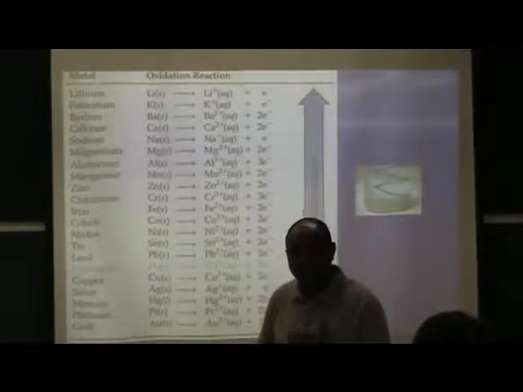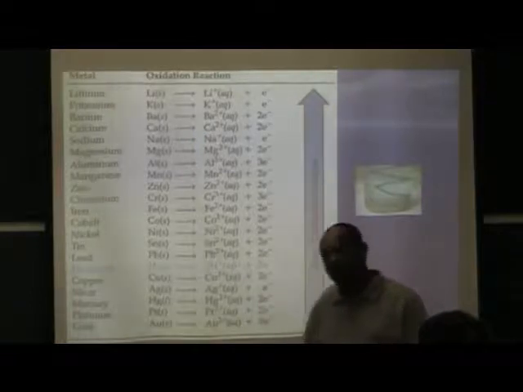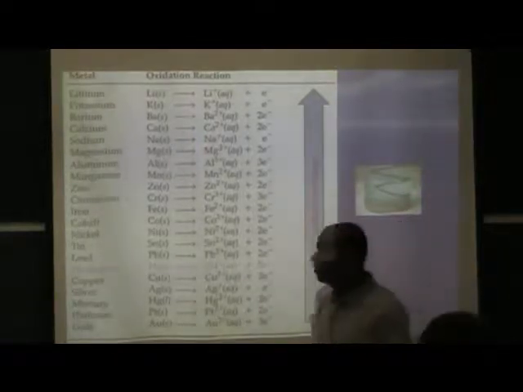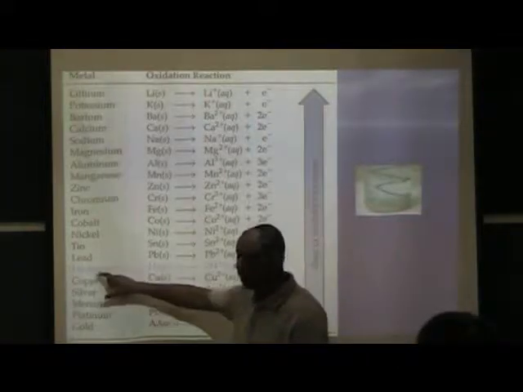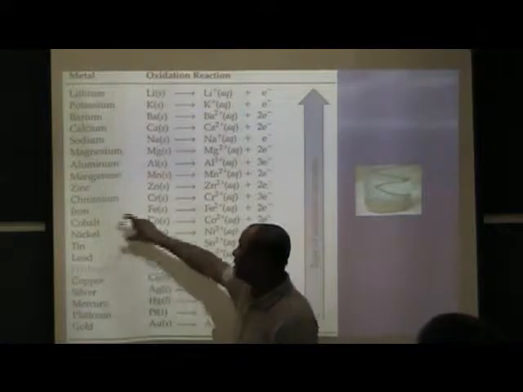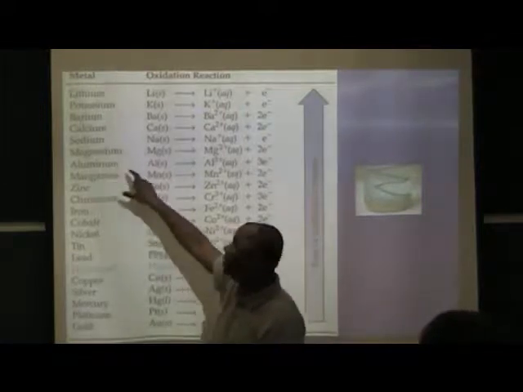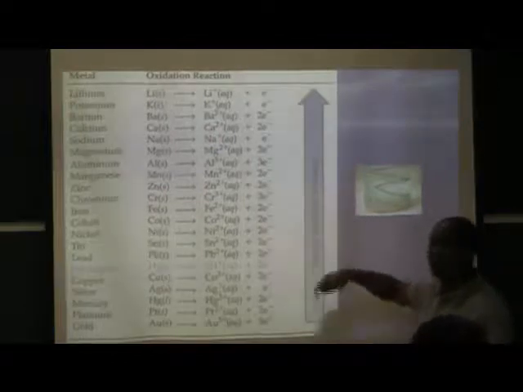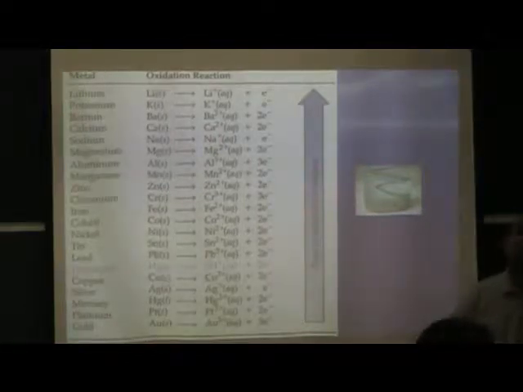That means the reaction is a process of oxidation also. Metals lose electrons, non-metals gain electrons. What can we see? That there are metals which resist losing electrons, and there are metals which can easily lose electrons. So this is called the oxidation reaction. This is called the activity series of metals.